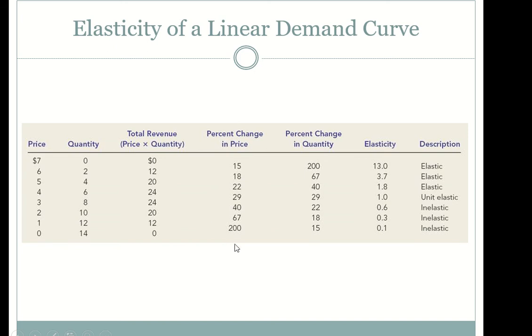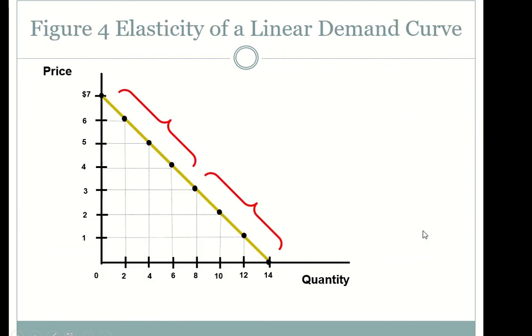So you can find the percentage change in price and the percentage change in quantity demanded, and as a result, you can calculate the price elasticity of demand. What you can see here is as the price comes down and the quantity demanded goes up, the price elasticity of demand decreases. So we go from elastic to inelastic.